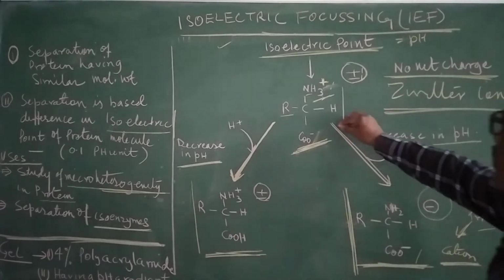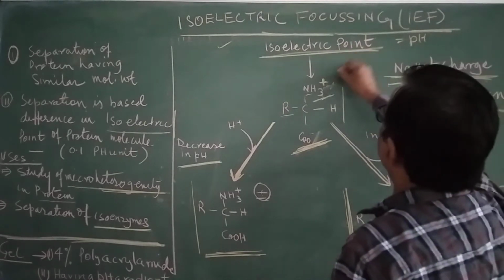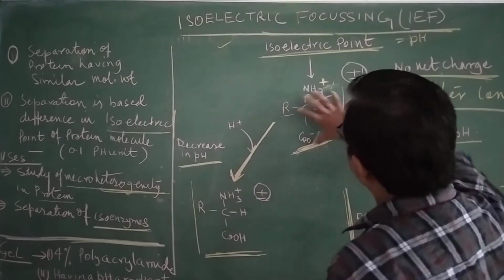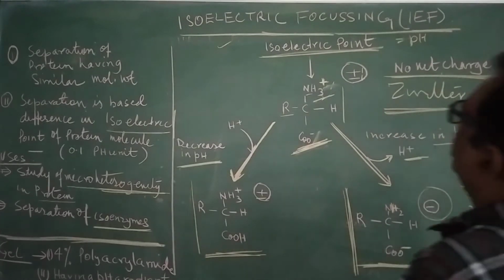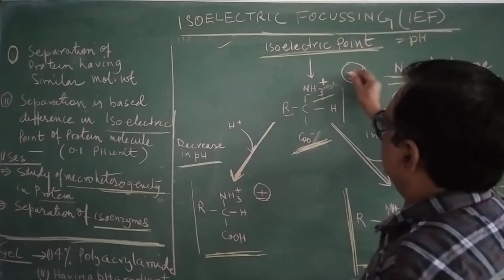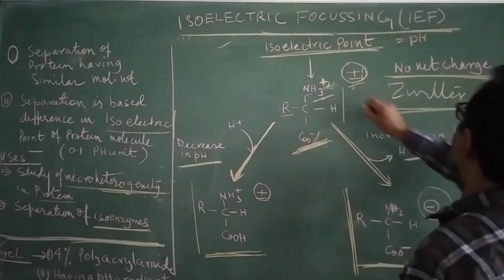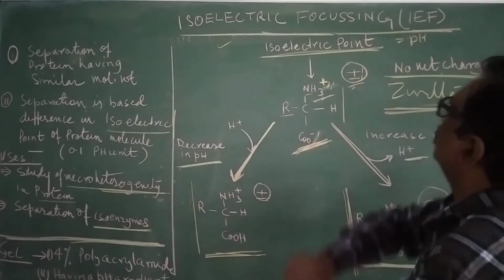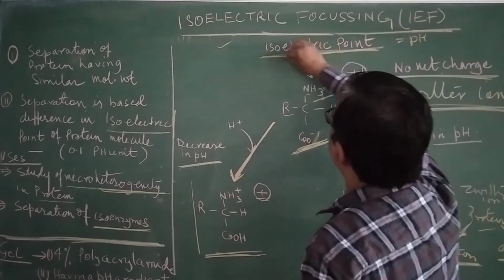Here we should understand what is isoelectric point. The value of the pH at which the amino acid, or similarly the protein, carries no net charge, or equal amount of positive and negative charge, so it exists as a Zwitter ion, that pH is known as isoelectric point.